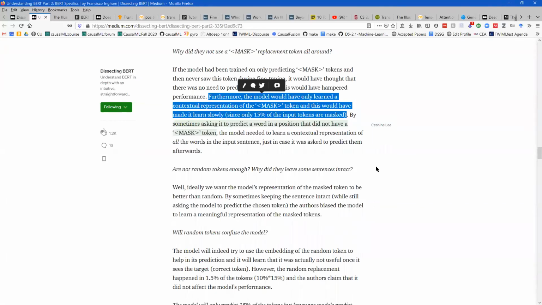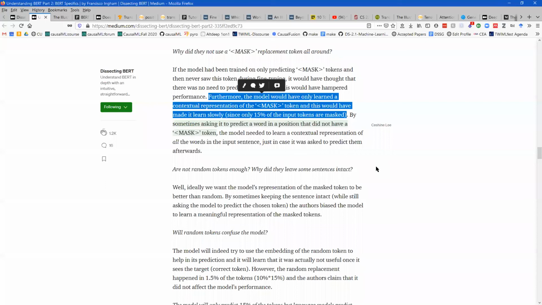And so it has to learn the contextual representation of all the words in order to be able to predict the correct word that would appear. That's the next 10%. So it can't just learn to say there is a mask there, but it has to learn to also say the exact word that will show up in that position.